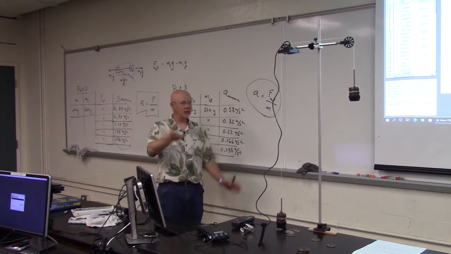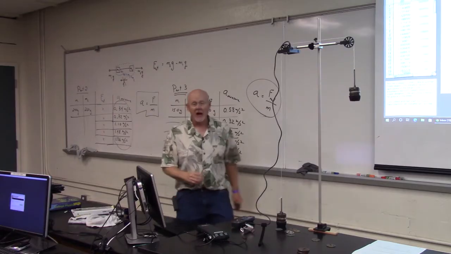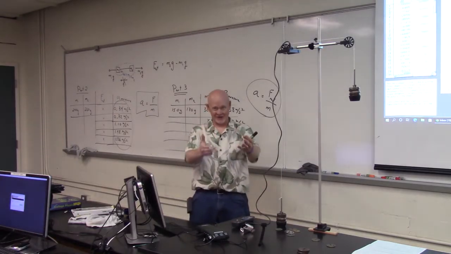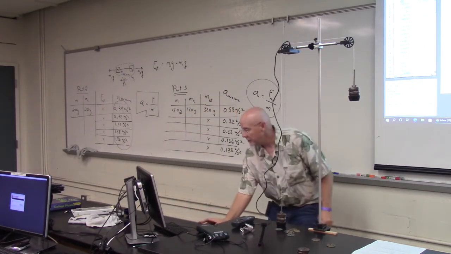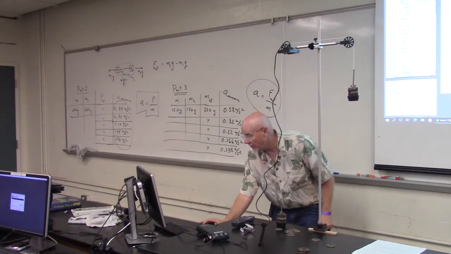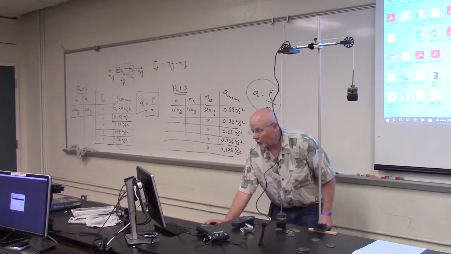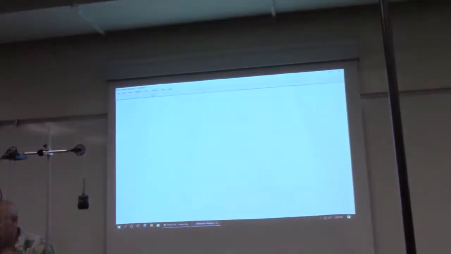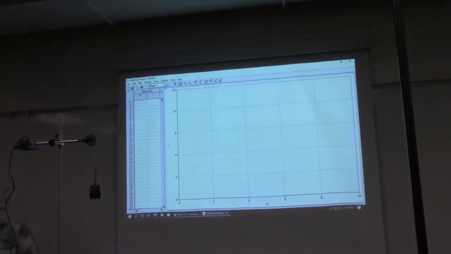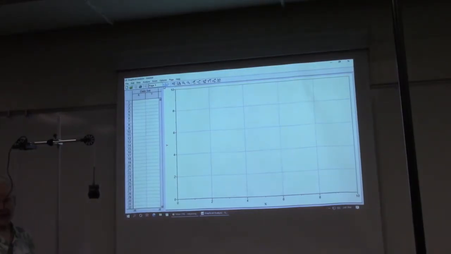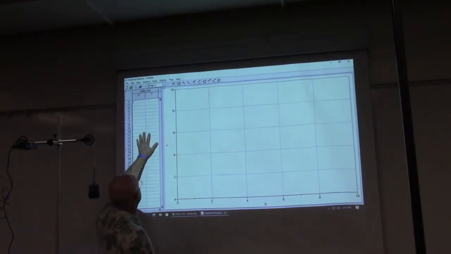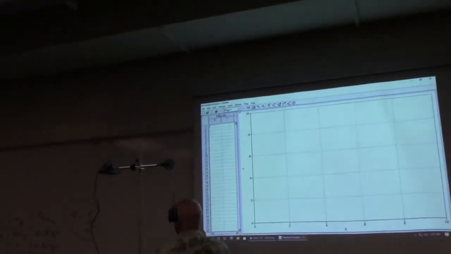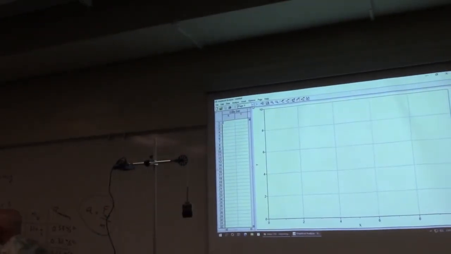So here I'm going to shut down Logger Pro and go to Graphical Analysis. And that's what I'm going to ask you. Go to Graphical Analysis and right here make 2 columns. And here they are, right here.